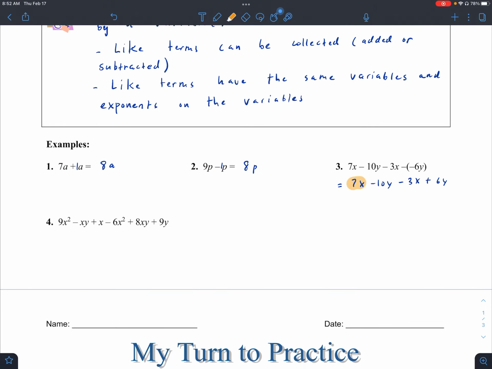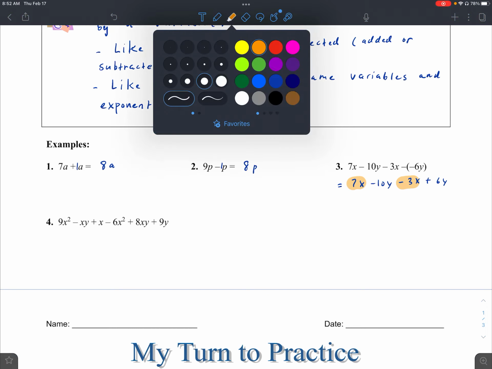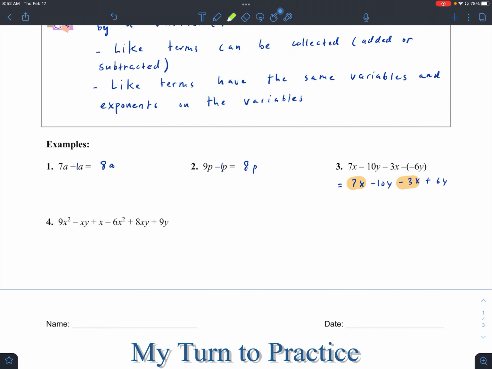So these two are like terms because they have the same variable. And also these two are like terms. So negative 10y and 6y. So now we can collect them.